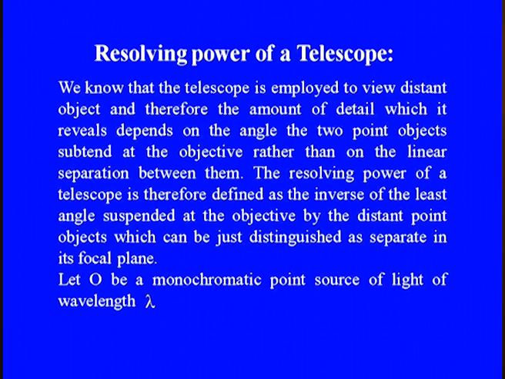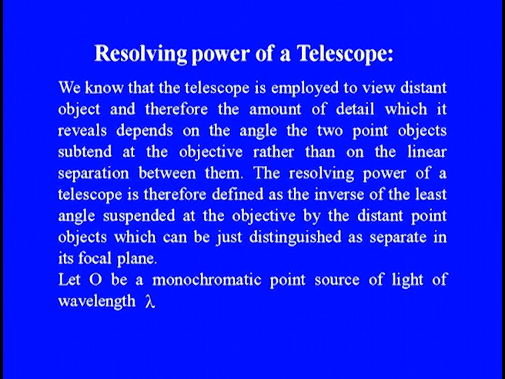The resolving power of a telescope is therefore defined as the inverse of the least angle subtended at the objective by the distant point objects, which can be just distinguished as separate in its focal planes.